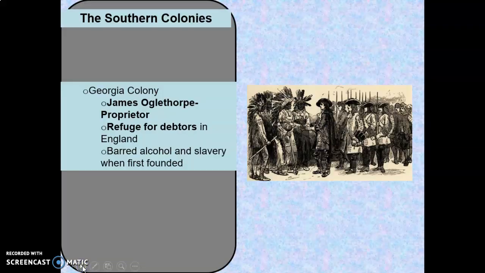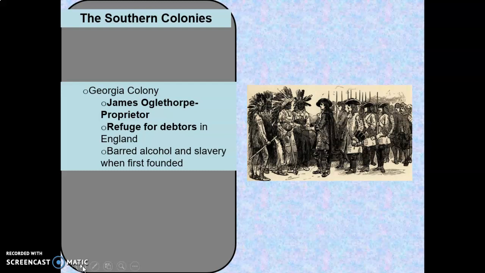So the Georgia colony, James Oglethorpe was the proprietor. As a matter of fact, his farm plantation was right outside of Savannah, just east of Savannah. But if you look, Georgia was a refuge for debtors. Back then, when you went into debt and couldn't pay your debts, you went into prison.